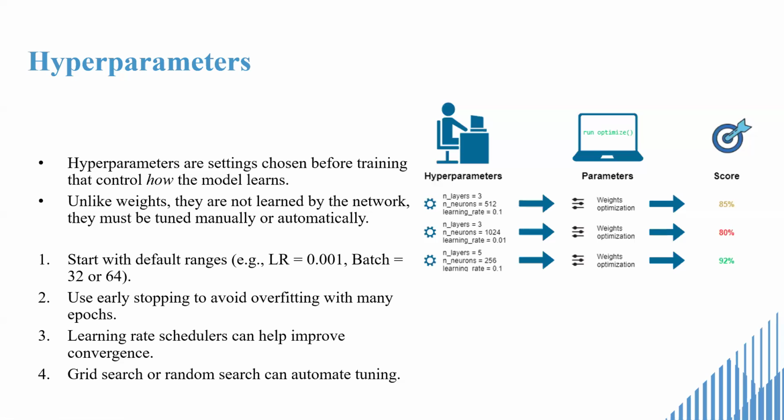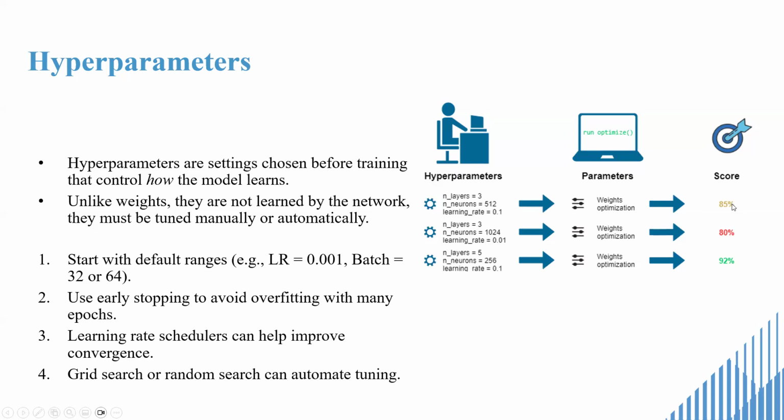Then you have parameter tuning. There are parameters, like layers, that you can tune. Hyperparameters are settings chosen before training that control how the model learns. You are just trying to manipulate them. If you have number of layers 3, neurons 512, and learning rate 0.1, you are doing it by yourself. It's all trial and error.